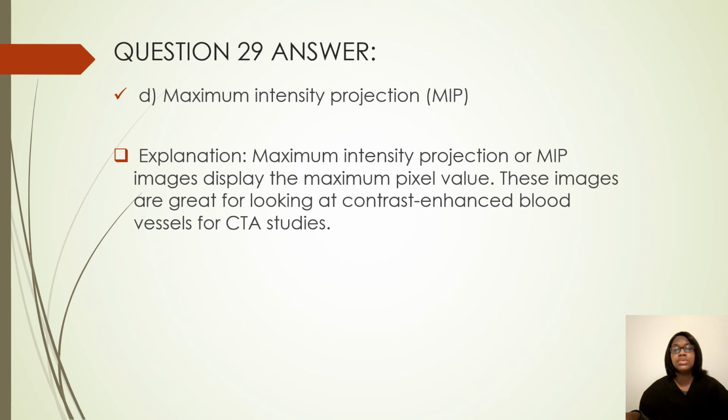So whenever you are doing your CTAs of, let's say, your brain, your neck, your chest, sometimes depending on your policy, radiologist preference, you have to MIP the images so that you can see those vessels and those arteries better. So this is what you're doing. You're MIPing the images.